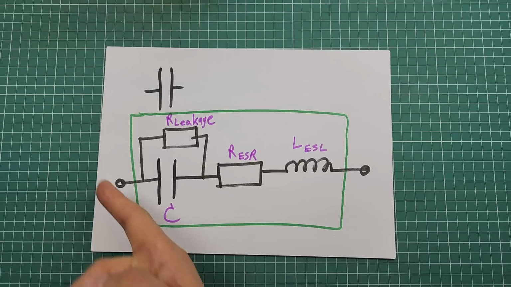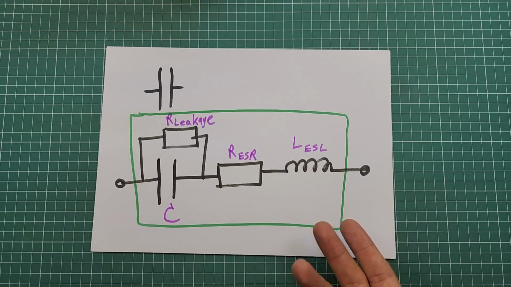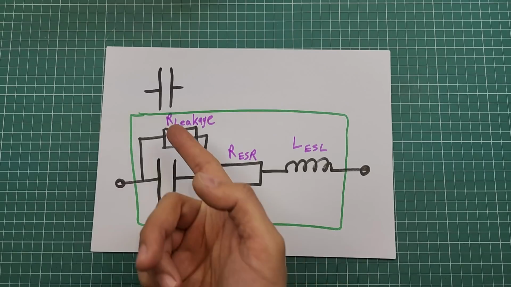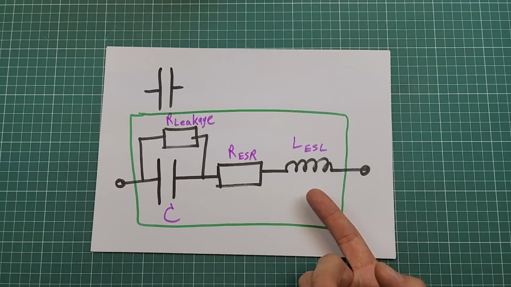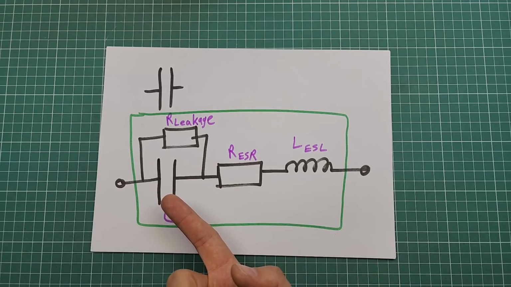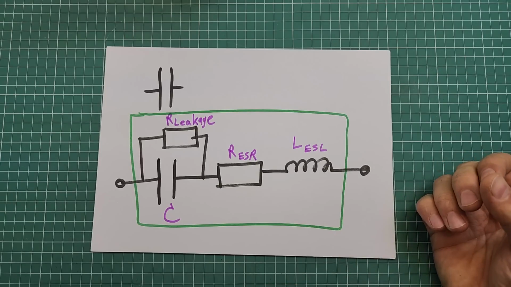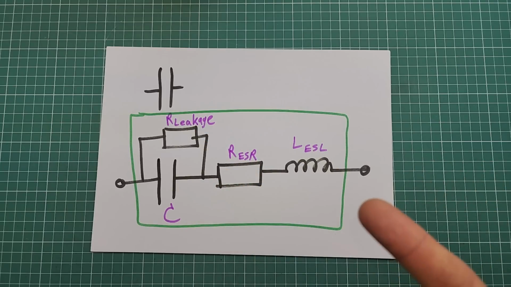A real capacitor is something like this. Actually, there is an ideal capacitor inside a real capacitor, and there are hidden resistances and inductances beside the ideal capacitor inside a real capacitor. The main difference between different types of capacitors arises from the value of these resistors and this inductor.